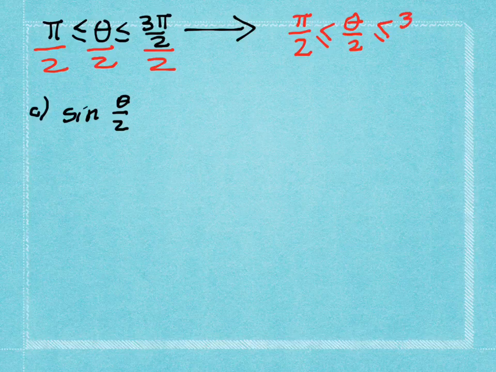3 pi over 4. Now, this isn't exactly a quadrant per se, but it lies within a quadrant. If my angle is between pi halves and 3 pi fourths, what quadrant am I in? This is quadrant 2.